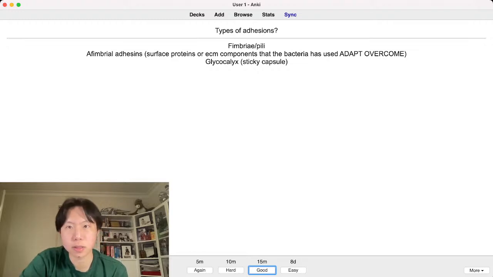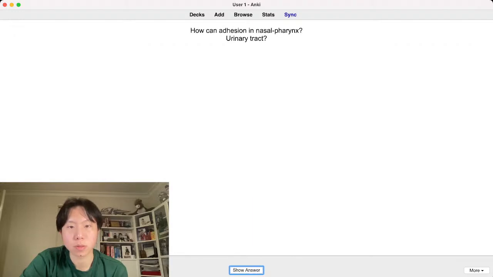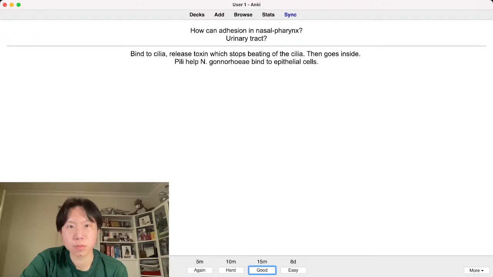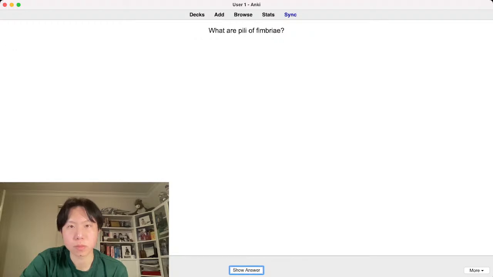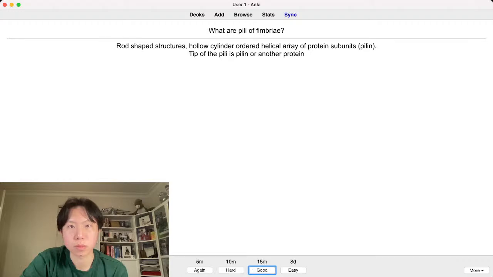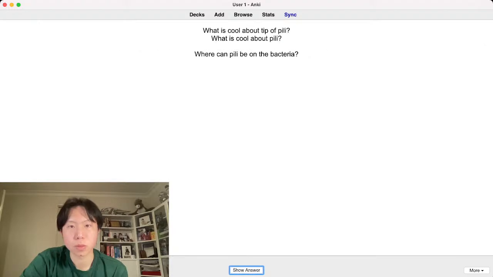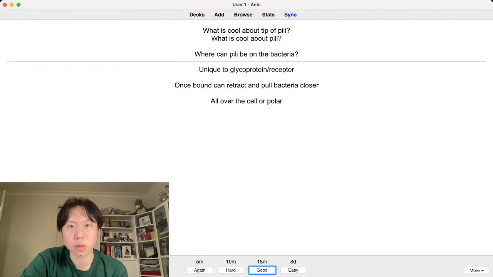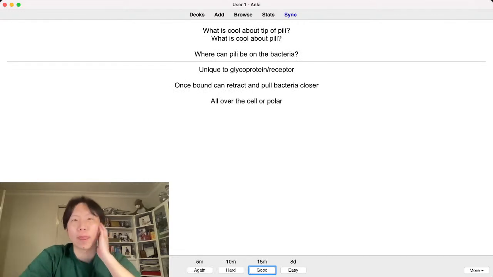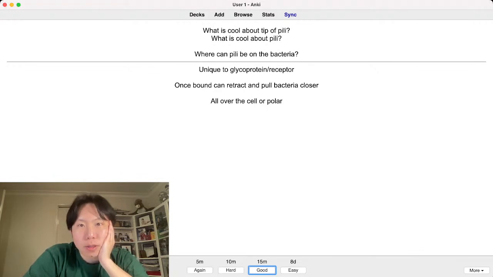Types of adhesions: fimbrial, afimbrial. Glycocalyx. Oh, this thing. Okay. Bound, retract.